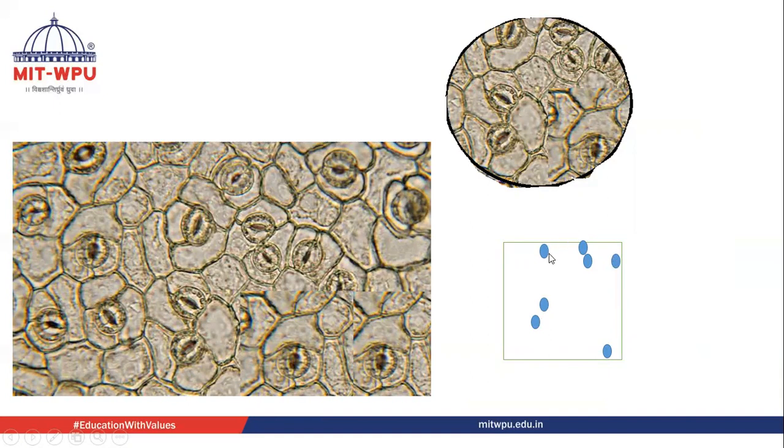So I tried to draw it on my black paper, as I am able to see both things. For example, if I make one mistake here, and suppose I count this as a stomata, and this is 0.5, then this stomata will be repeated 4 times. There are many cells which will be confusing as to whether it is a stomata or not. So we should go for the higher, like 1 square mm, if possible.